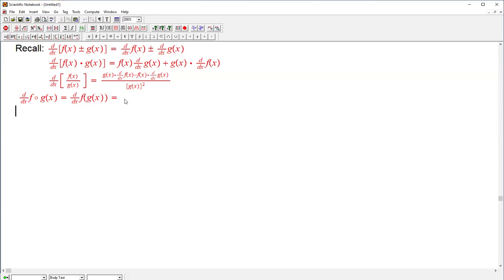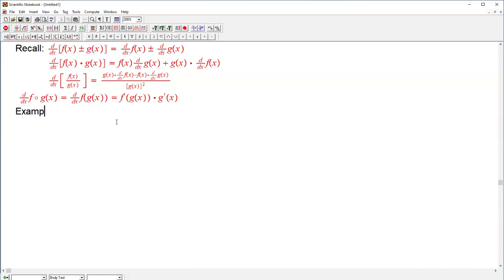I know you can find that formula in the book. The formula says f prime of g of x multiplied by g prime. What does that mean? This is the official formula.